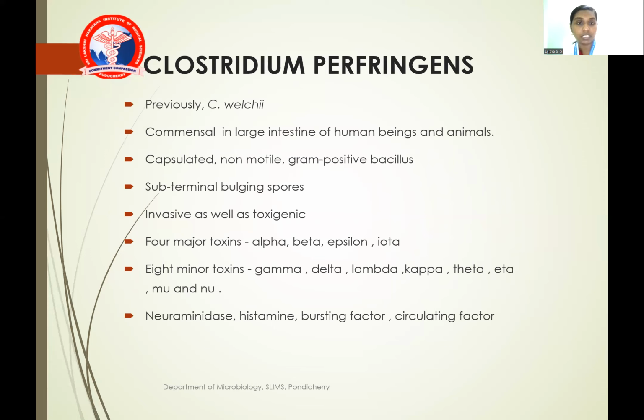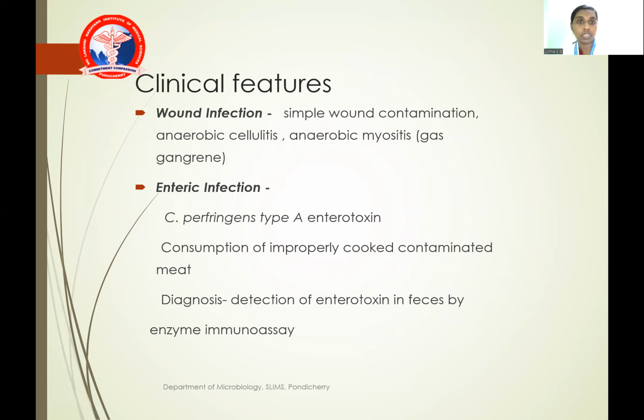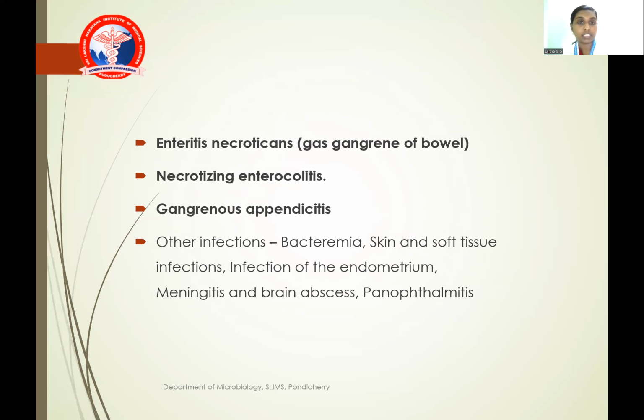About the perfringens, there are 4 major toxins and 8 minor toxins, and the spectrum of diseases that they produce: wound infection, enteric infections like food poisoning, enteritis necroticans, necrotizing enterocolitis, gangrenous appendicitis, and other infections like bacteremia, skin and soft tissue infections.